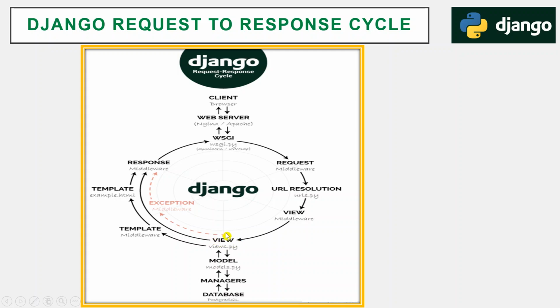The view layer in turn contacts the model. Which model? The students data database table model. That model in turn contacts the ORM through the SQLite 3 database and gets all the data. The data which was accessed from the database was returned by the view function to the template.